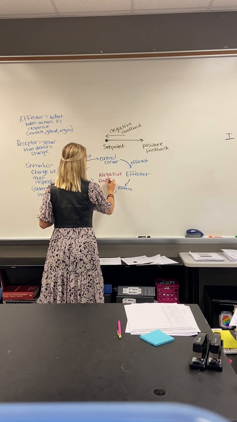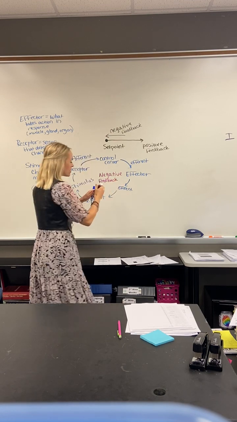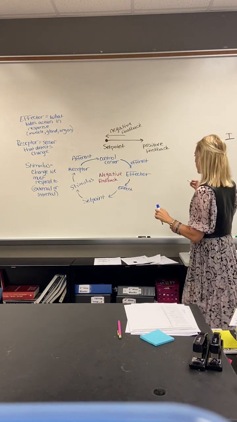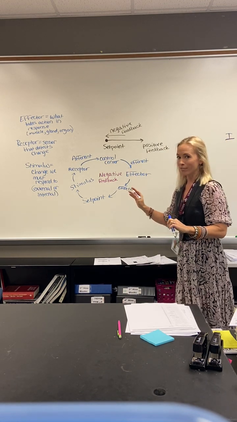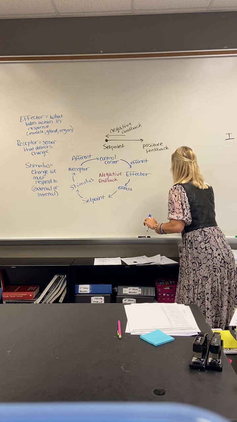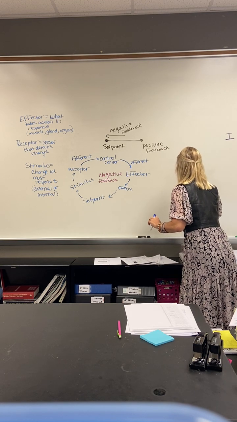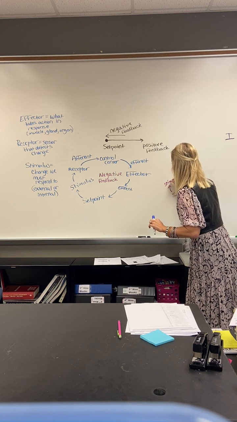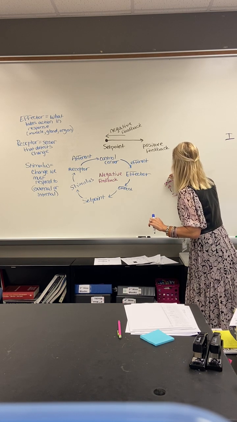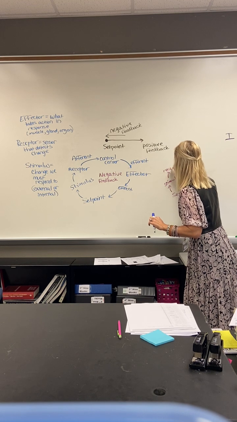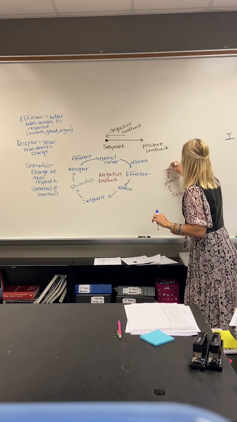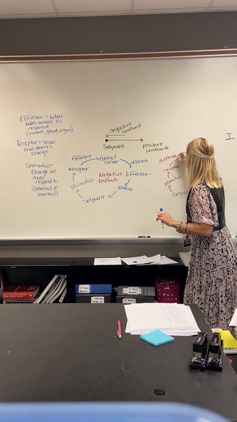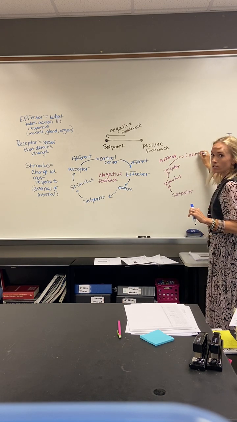Negative feedback. Okay. Now I'm going to do a positive feedback loop. I want you to see the difference because there's not a lot of difference. It still starts with a set point. There's some sort of stimulus, a change that is sensed by a receptor that sends a signal afferently to the control center. Still looks the same, doesn't it?